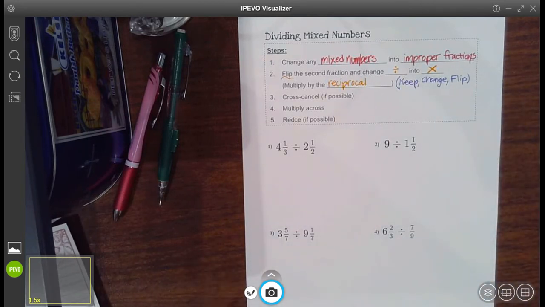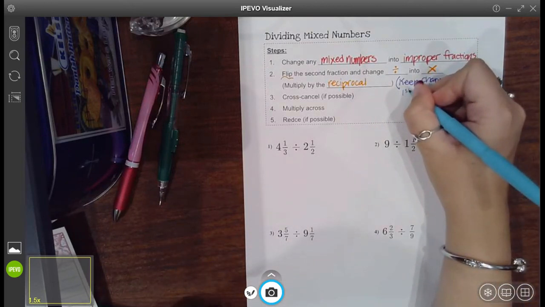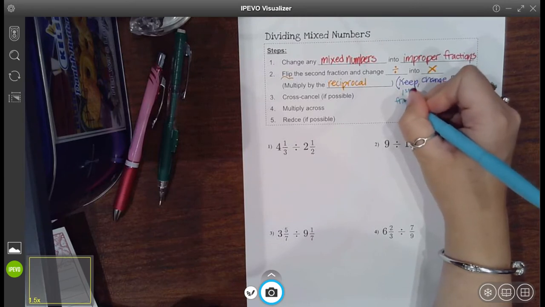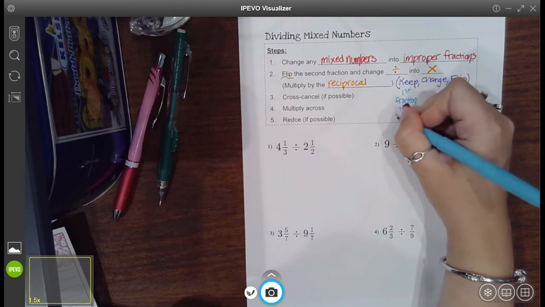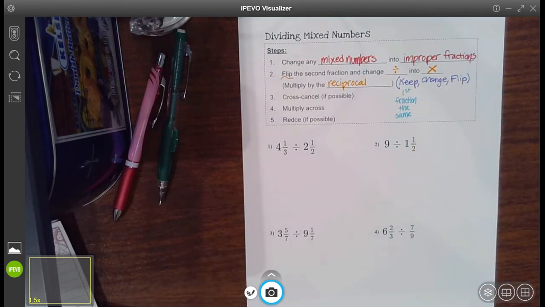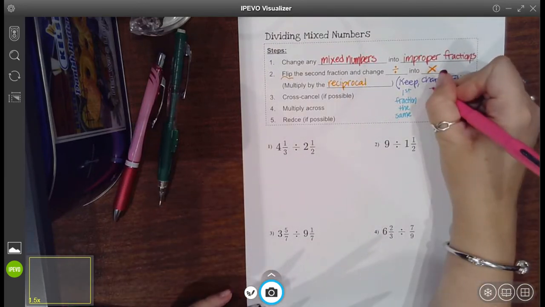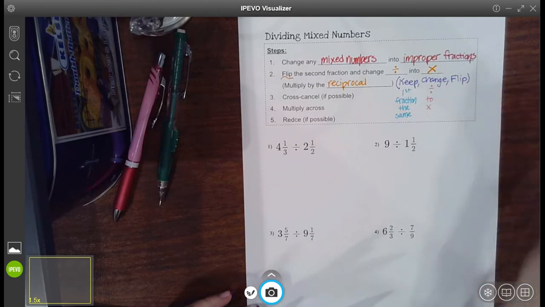Okay, so again, if you want that part in your notes, you could say keep the first fraction the same. Change, and you would be changing division to multiplication.